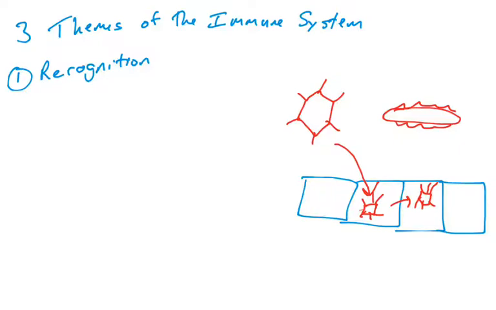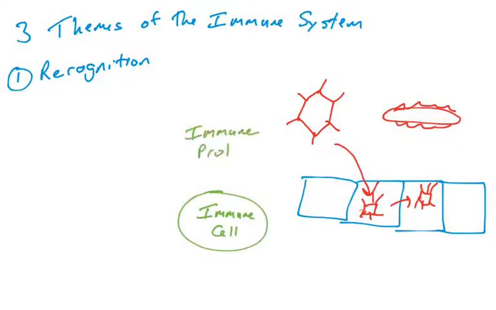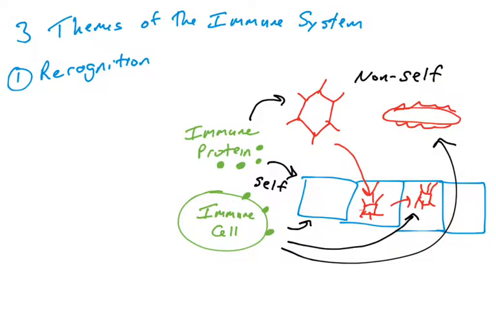So the immune cells and proteins in our bodies, and we are going to learn many different immune proteins and many different immune cells. These proteins can be free-floating in our fluids, or they could be attached to the surface of our cells. They could actually be inside our cells. So the immune cells and immune proteins in our body have to be able to distinguish between self, so our cells, and non-self, the pathogens.